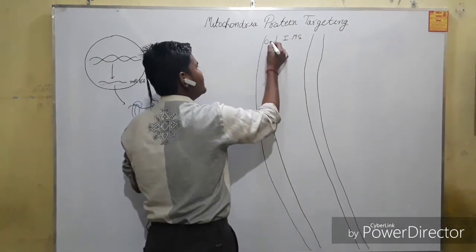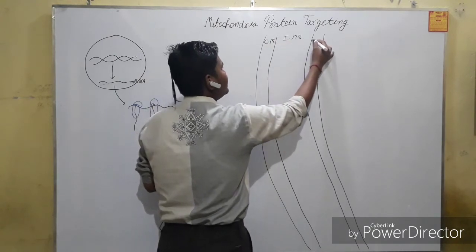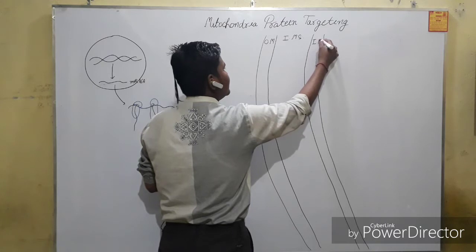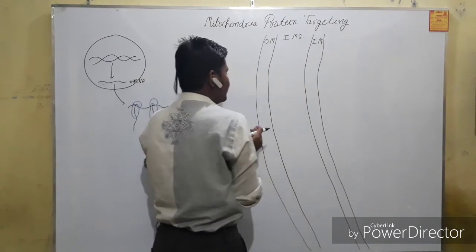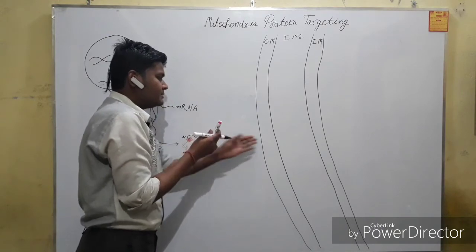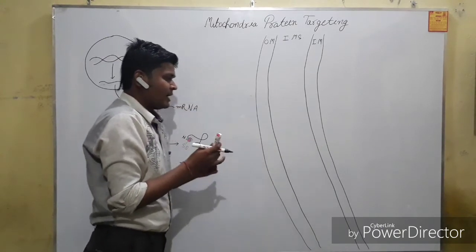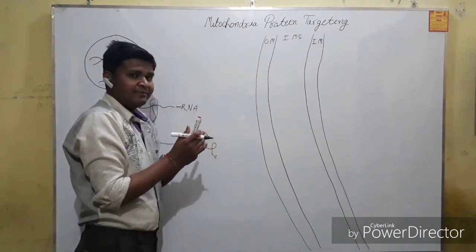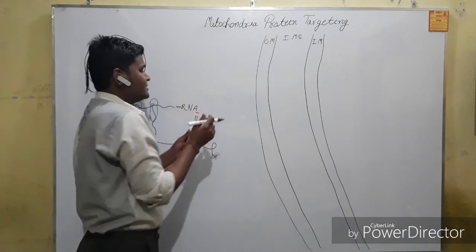These two lipid bilayers have two different types of translocons.